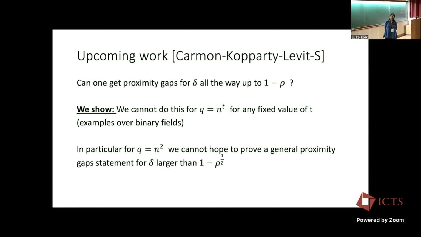These are just specific examples which say that in the generality in which I stated the proximity gap statement, you can't hope to improve it. But there may be situations where S is cleverly chosen and the field is cleverly chosen where this may not hold.